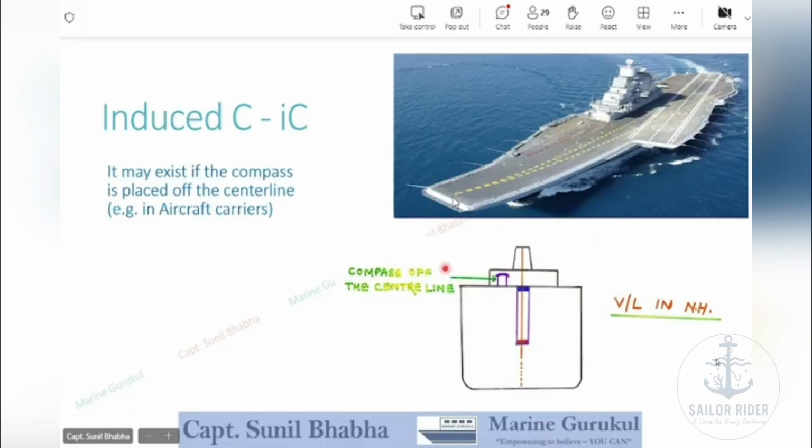Now in such a case, you can see in the diagram, the compass is placed off-center and the ship's fore and aft centerline bulkhead acts as a vertical structure, and the induced magnetism generated by this vertical soft iron to port or starboard of the compass does generate induced C.